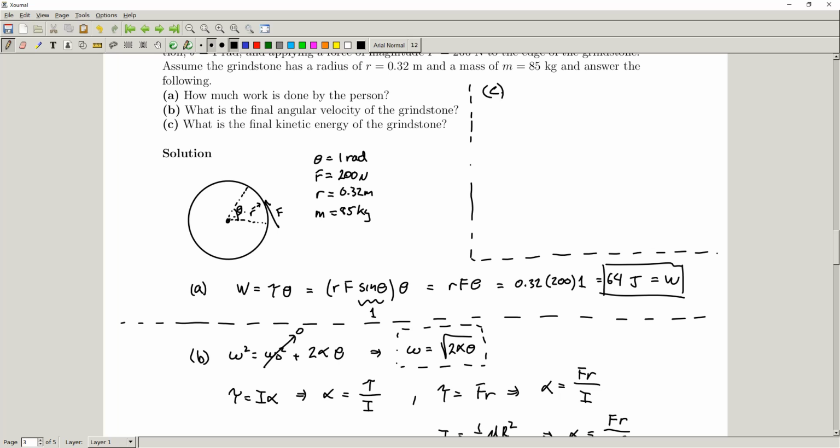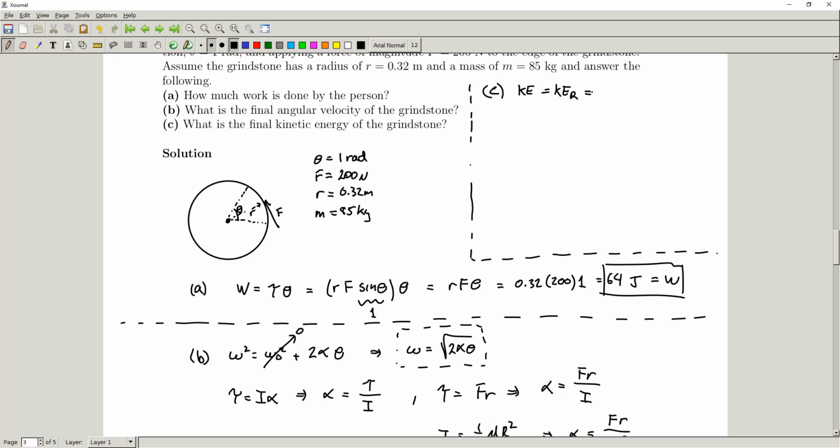So we want to find the final kinetic energy of the grindstone. We know that the only kinetic energy that's going to be existing here is going to be rotational kinetic energy. This grindstone is not moving anywhere else; it's just rotating. So kinetic energy is going to be kinetic energy of rotation.